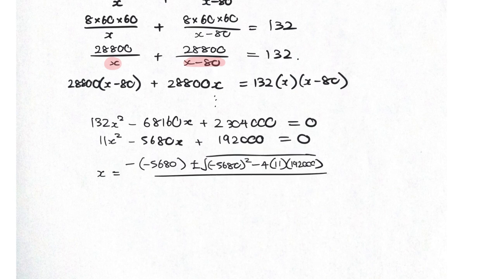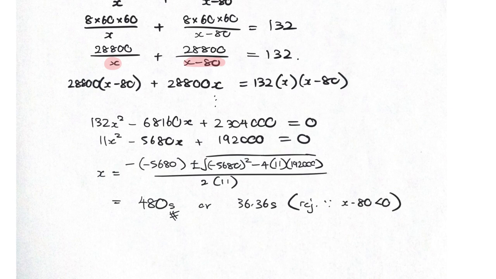And we're going to get two values: 480 seconds, because this is a time taken, or 36.36 seconds. Now, if you look at the context of the question, 36.36 is not possible because I'm going to have a quantity of x minus 80, so I cannot have a negative quantity. So I'm going to reject this answer because x minus 80 will be less than 0.